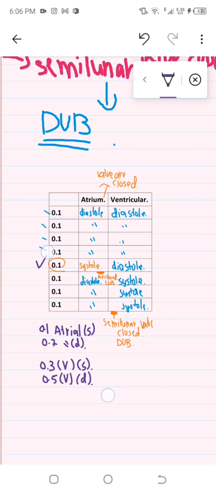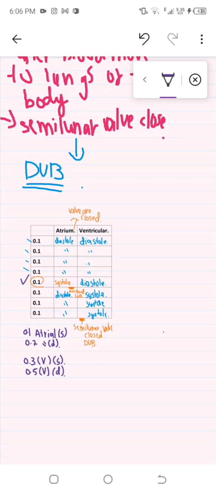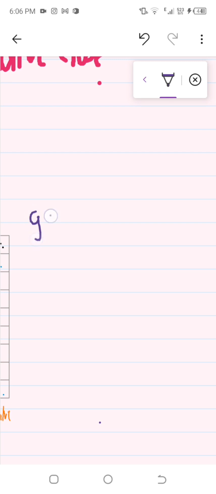Okay, so mostly the question arises: what is the gap between lub and dub? How are you going to identify it?